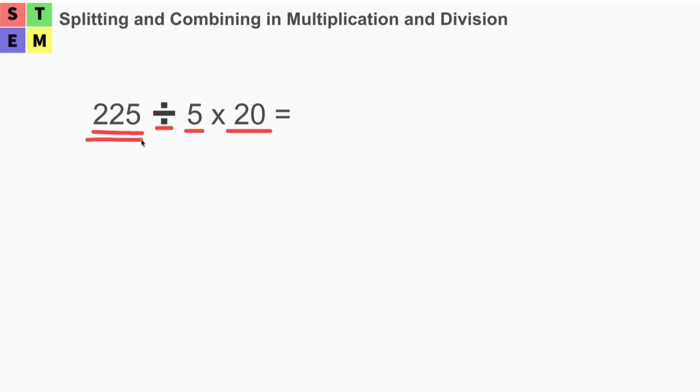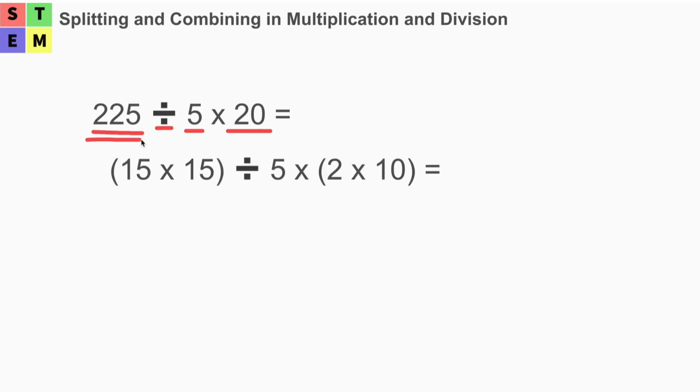We never learned in the first page how we can split that, but I'm telling you here that 225 equals 15 times 15. You just need to remember this. It's a good practice to remember this by heart. So 15 times 15 equals 225.